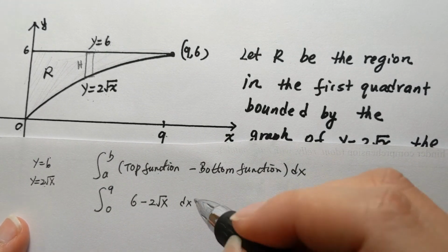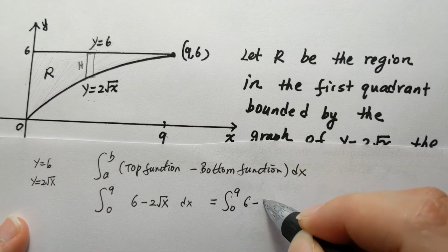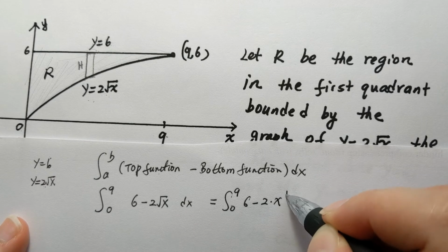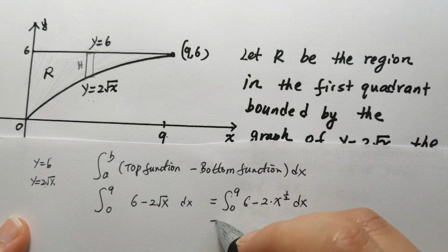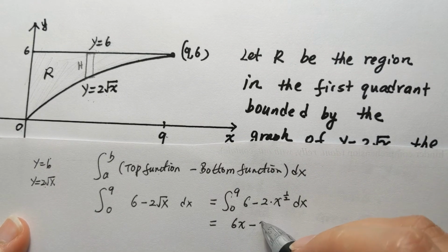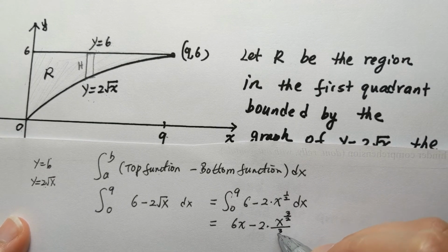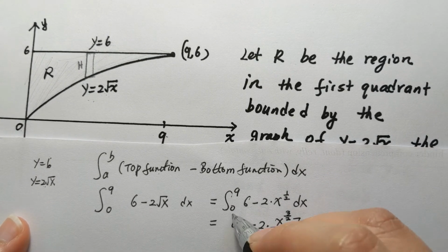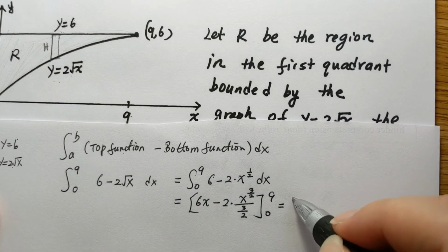Next step, we just integrate. Before we integrate, we rewrite it to make it easier to integrate, because I have a square root x. So now we get 6x minus 2 times x to the 3 over 2, divided by 3 over 2. Then we simplify a little bit.